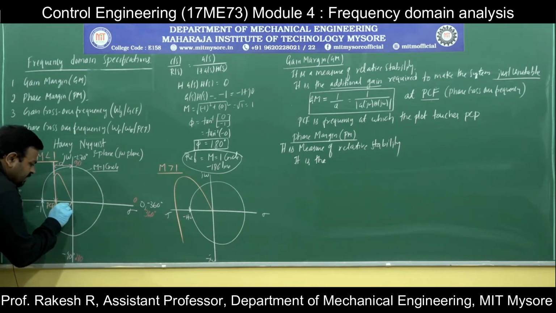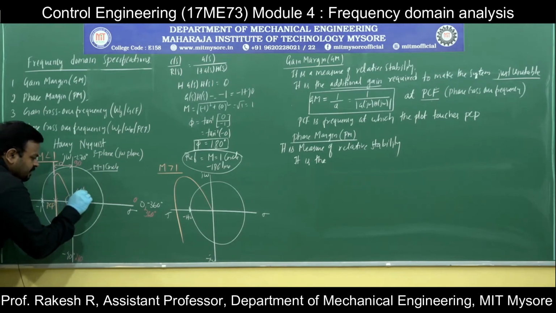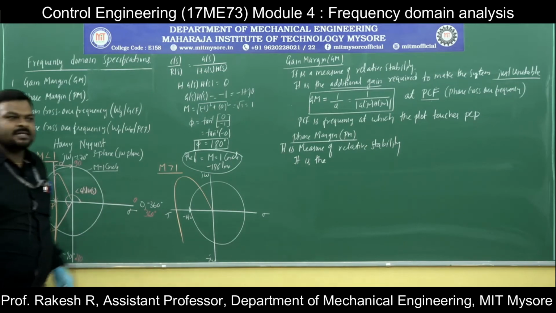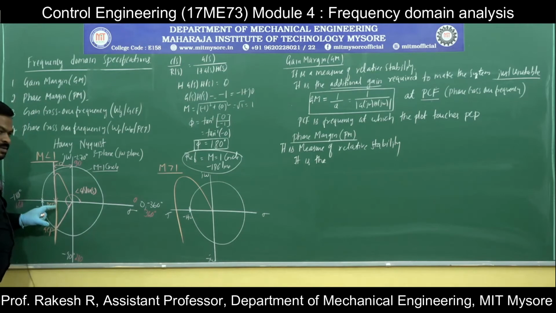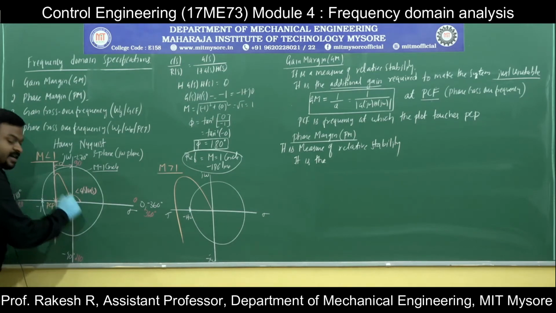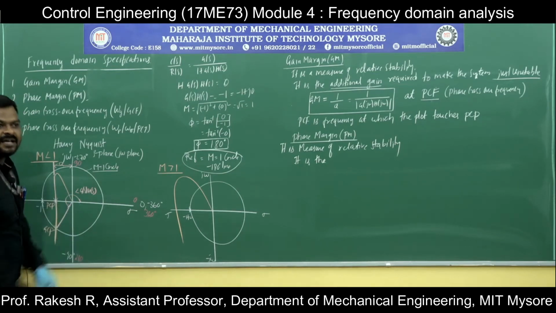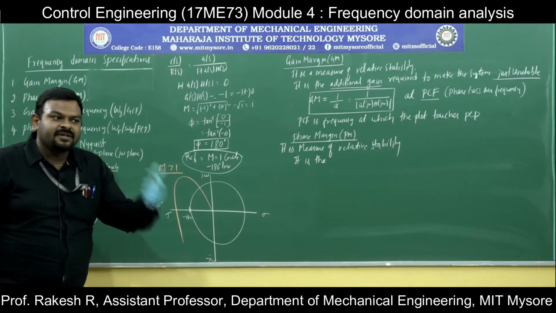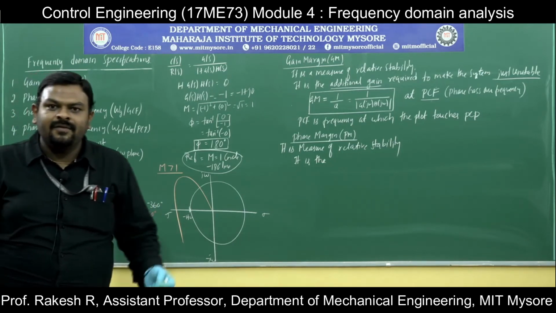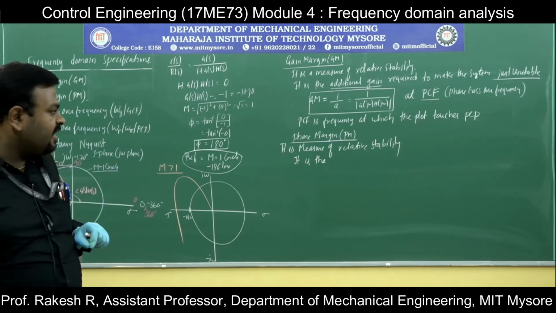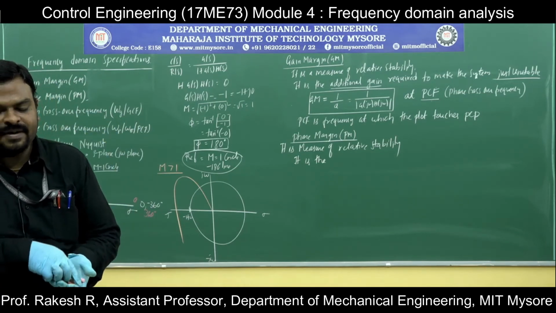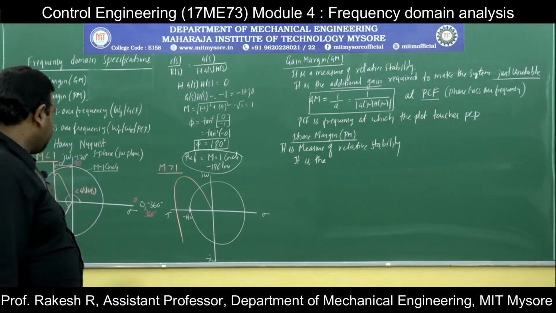From this line to this line is the angle of G(s)H(s), that means it is a phase angle. I need to add some lag in order to make the system just unstable. That lag will correspond to phase lag.